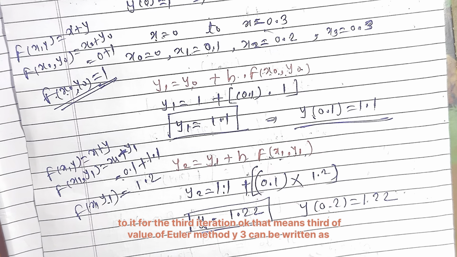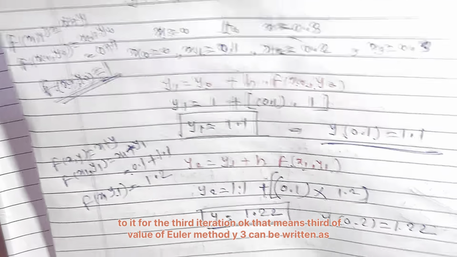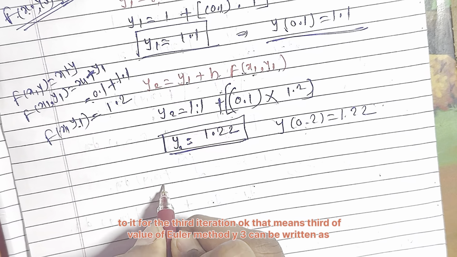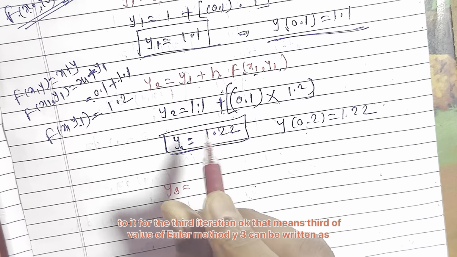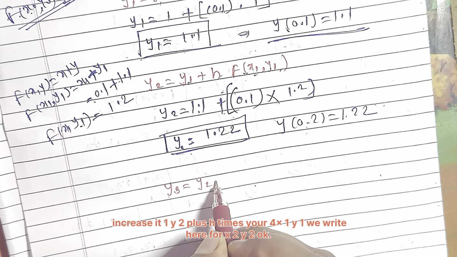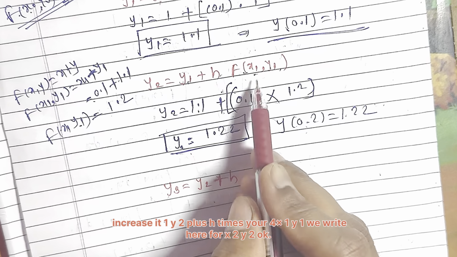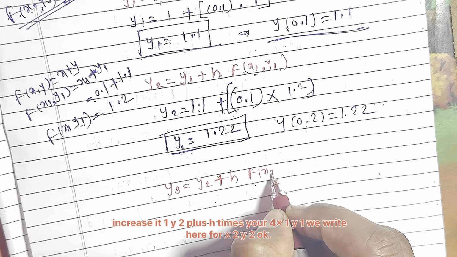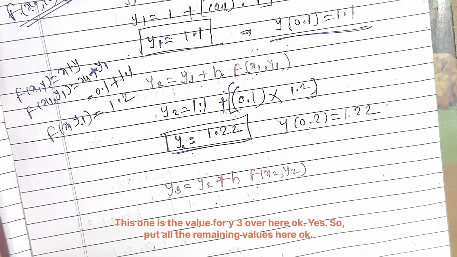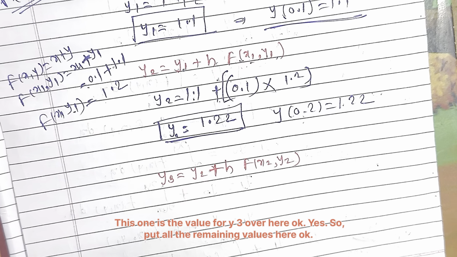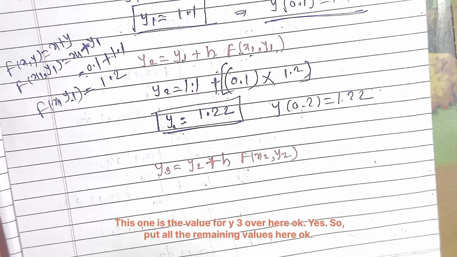Similarly, do it for the third iteration. The third value of the Euler method, y3, can be written as y2 plus h times f of x2, y2. Put the remaining values here.